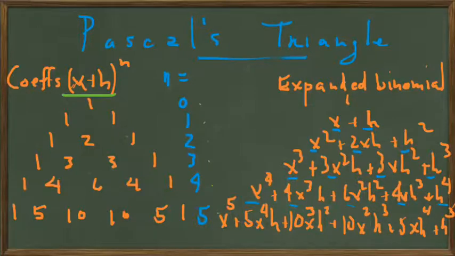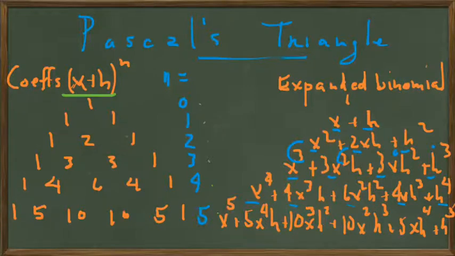We also want to notice what happens to the powers of x when we expand the binomial and the powers of h. So let's take a look at x plus h cubed and note that the powers of x start at 3, go to 2, go to 1, and in this term the power of x is 0, whereas the powers of h increase.